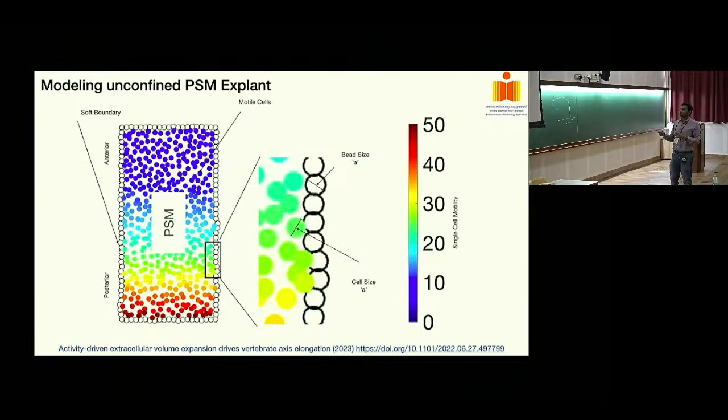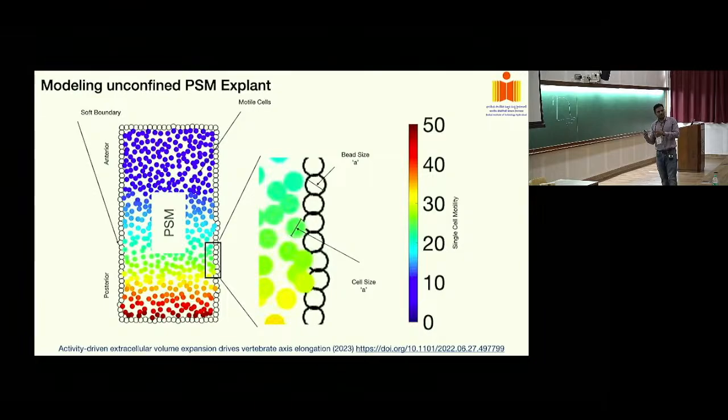But now, since the explant is free and there is no confinement, we confine everything with a spring with a uniform spring constant. We are not changing the spring coefficient or any such property of the boundary where this explant is attached. This is a signature that epithelialization is happening.